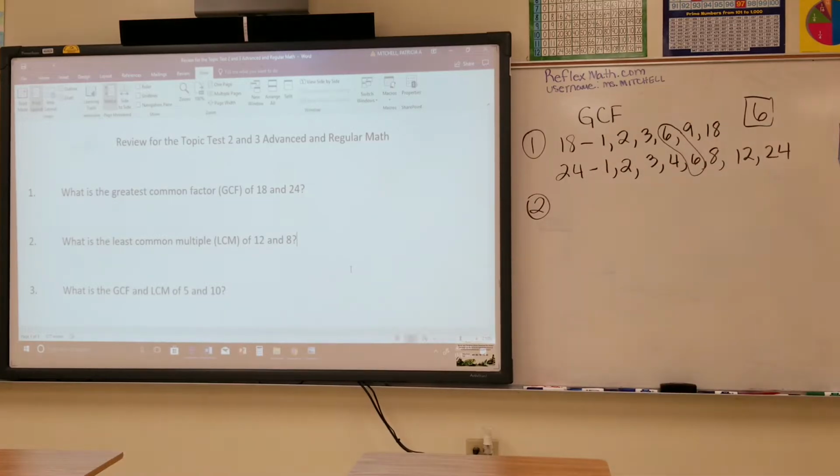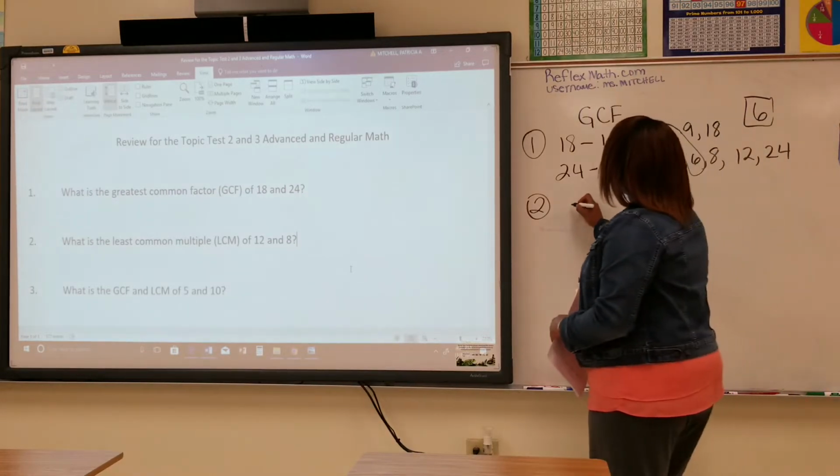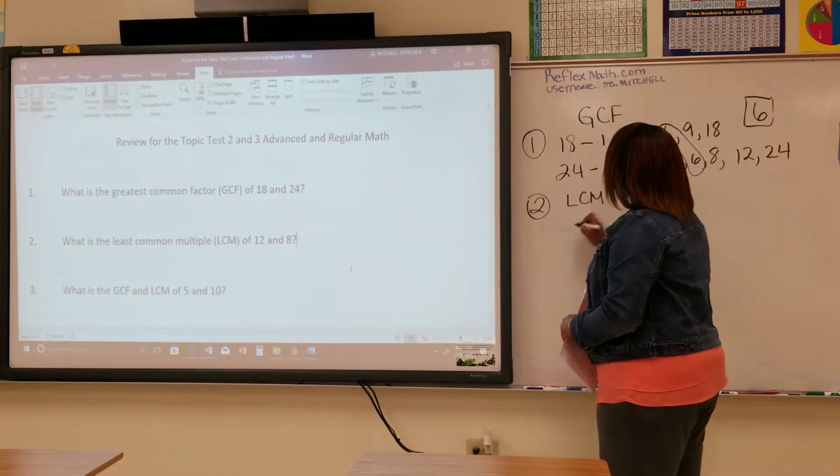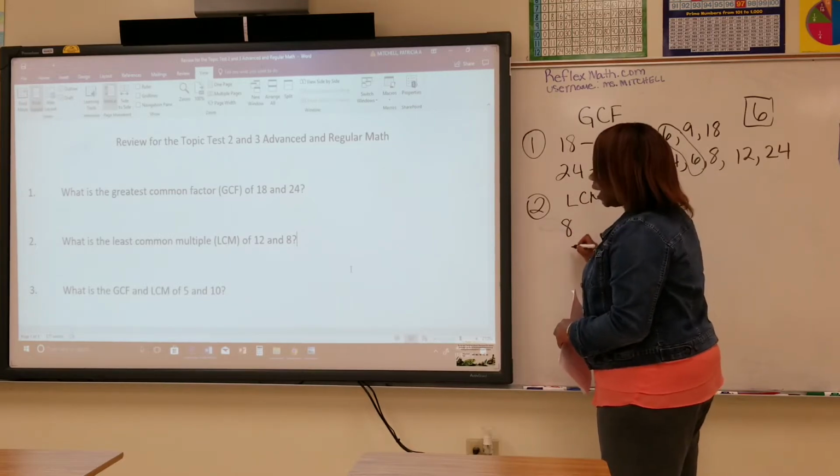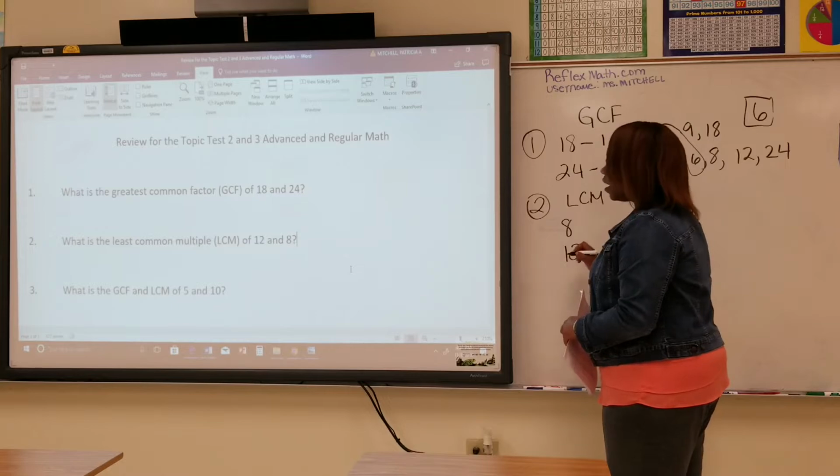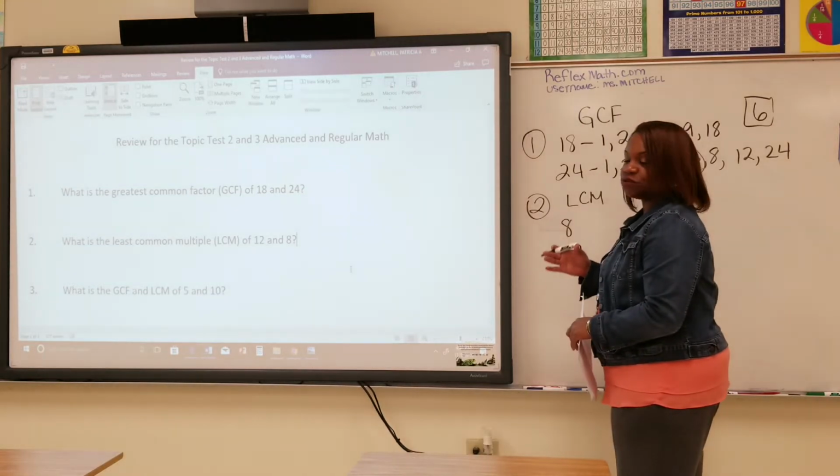Number 2 says, what is the least common multiple, or LCM, of 12 and 18? All right, so we're looking for the LCM of 12 and 8. I'm sorry, 12 and 8, not 18.